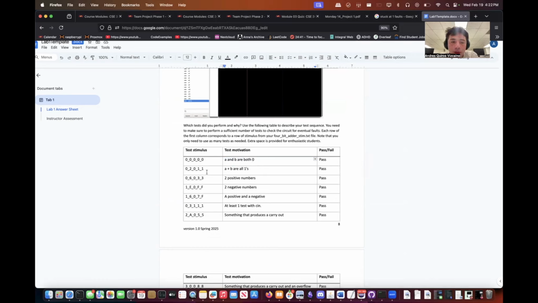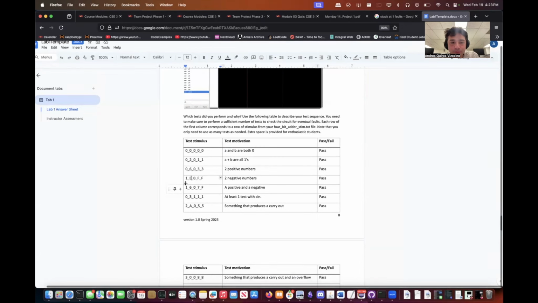If all of them are 1, it outputs 2. 2 positive numbers, it outputs 6. 2 negative numbers, -7 and -7 is -14. And the carry out, because you have to invert the -7 into its complement. Positive and negative, 7 minus 14 equals 6 and has a carry out.